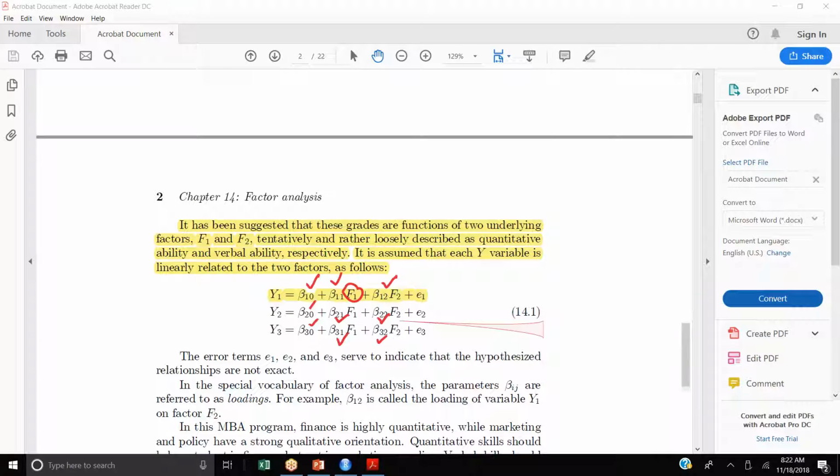Now, this is over parameterized because there are only 3 scores, but I have 1, 2, 3, 4, 5, 6, 7, 8, 9 parameters, and then the dimension F1, F2 itself is another independent varying information. So there are too many parameters to explain this. This is just a toy representation to understand.